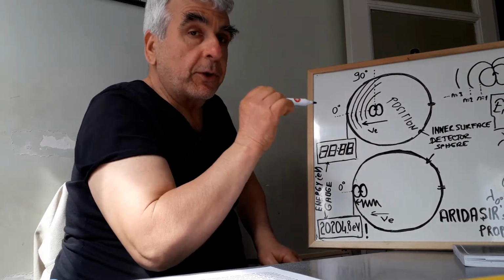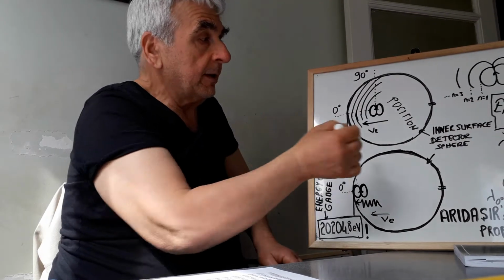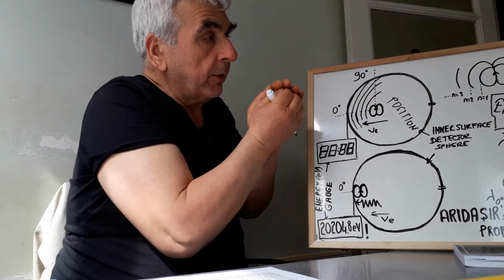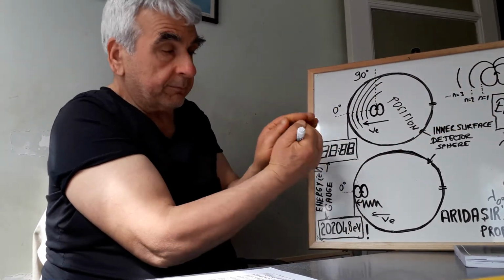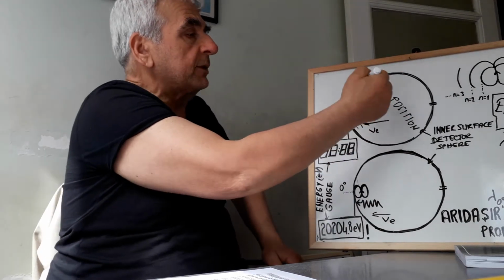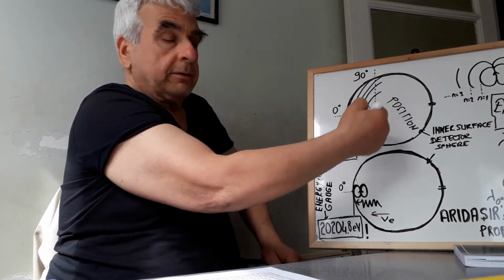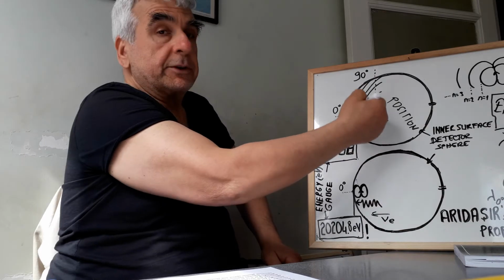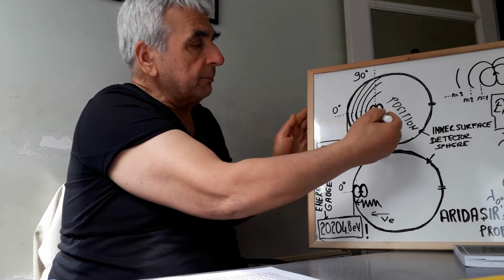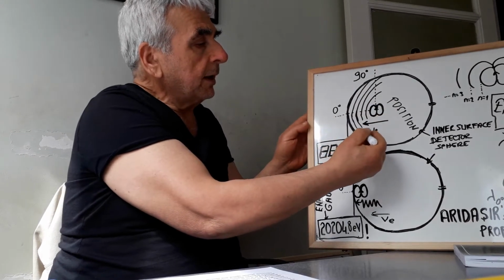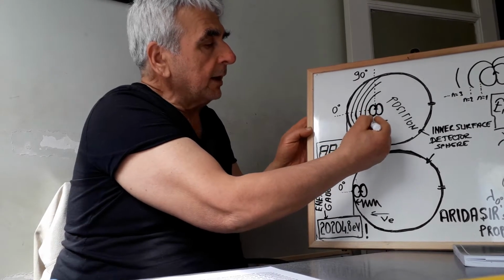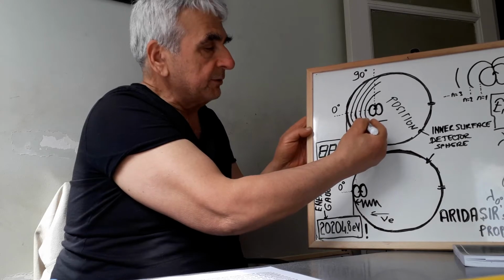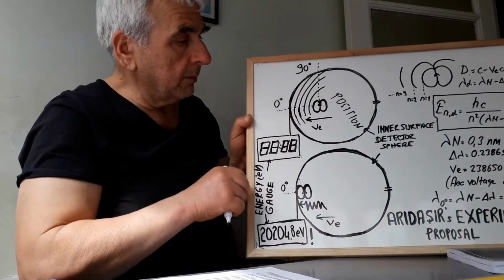Please, this is so important, but if before n equal 1 touching, first cycle touching, waves will touch the inner surface, okay? In that position, say here n equal 1, n equal 2, n equal 3, okay?